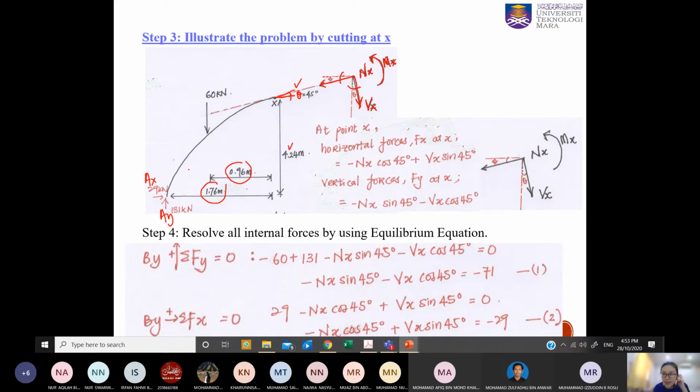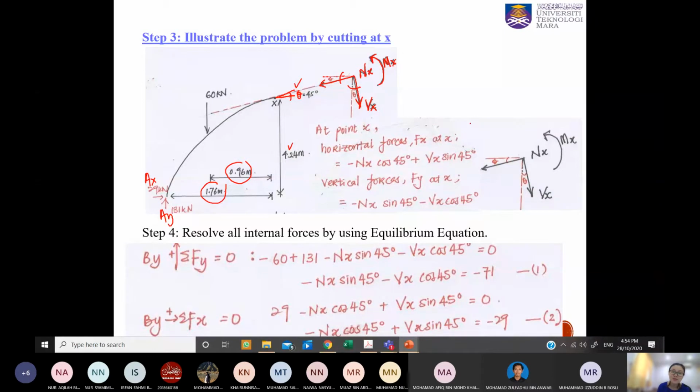What we have here is, at the point x, horizontal force Fx at x and vertical force Fy at x. You need to understand that at this particular x, there are two forces acting here, which are due to this nx and also vx.